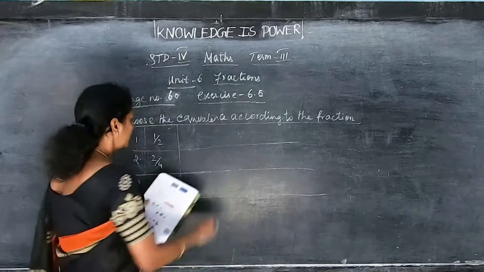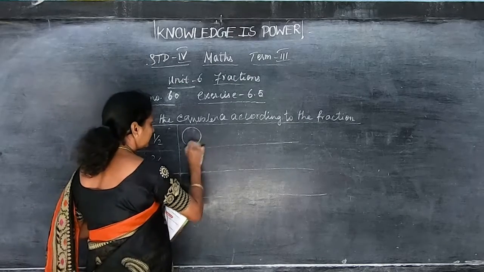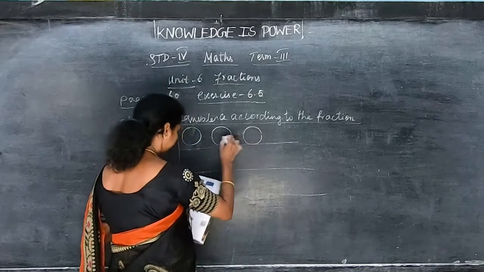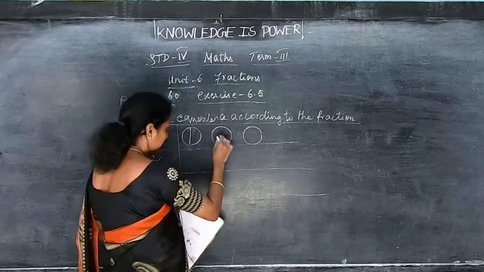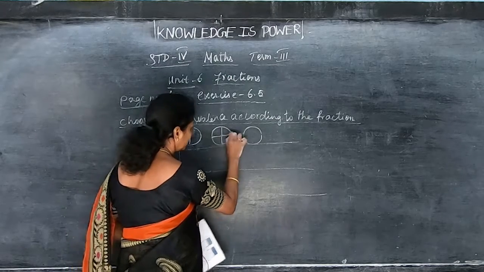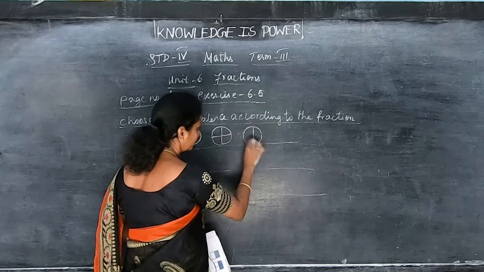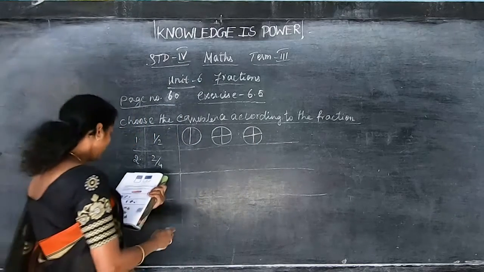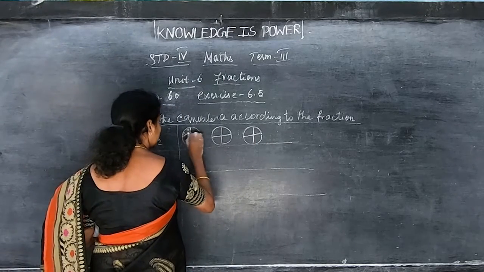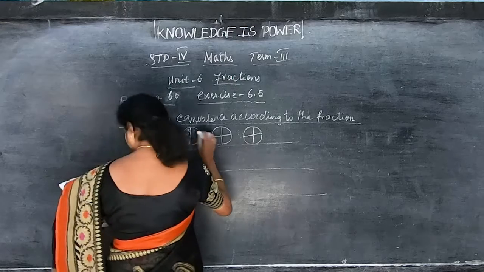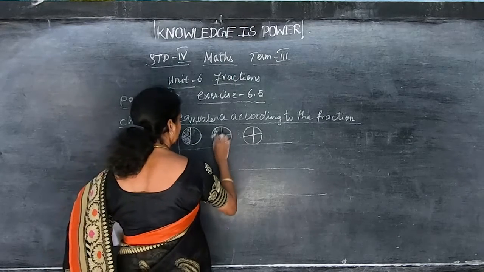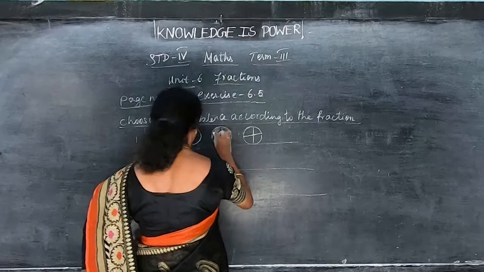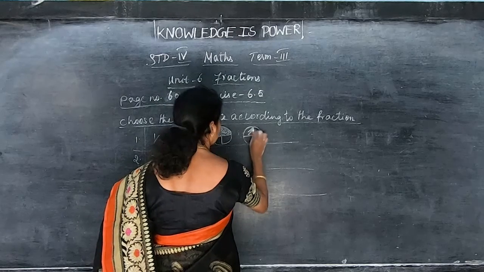Okay. So here they have given a circle. 3 circles they have given. Half. So choose the equivalence. So which one is equal, you have to choose it. Yes. And this.